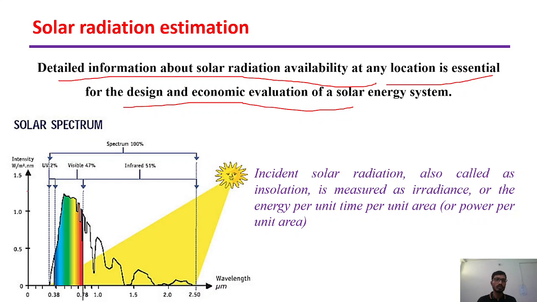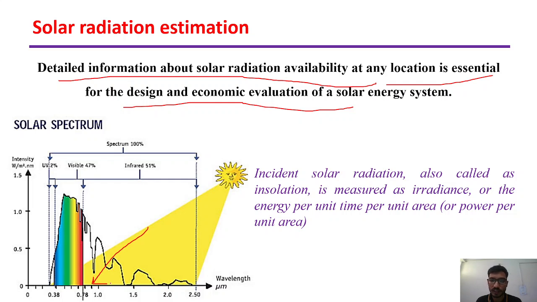If we see the solar spectrum, we get a large fraction in the UV, visible and infrared spectrum, and so two things come. One is the solar irradiance, the solar radiation that falls over the surface, and another thing is particularly the solar constant.